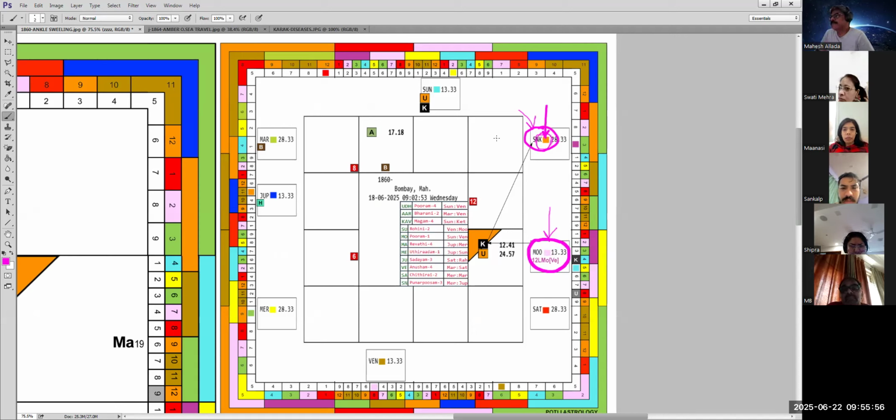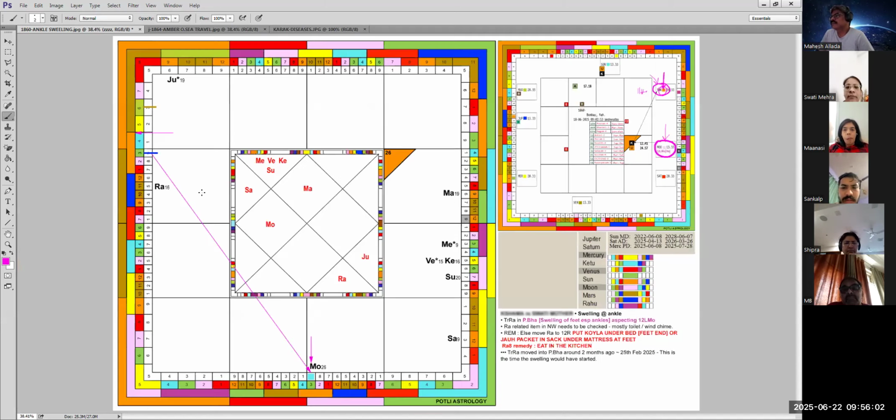You want to take it one step further. This is in the 11th house. Now you see the D1 chart. This is the 11th Rashi. This is Rahu. And this is Moon. Correct? All connections done.